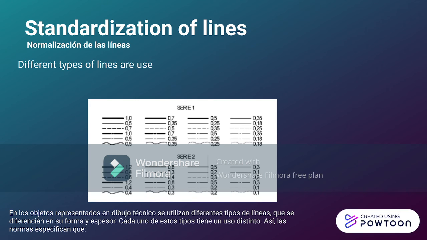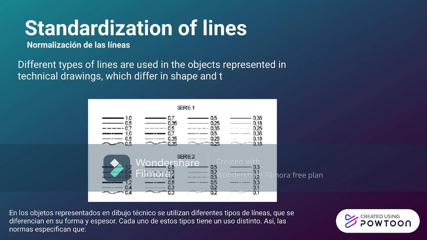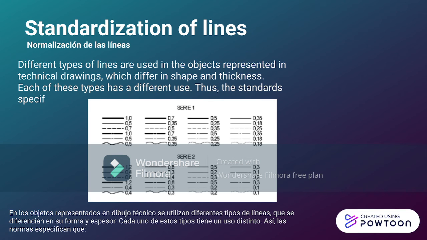Standardization of lines. Different types of lines are used in the object represented in technical drawings, which differ in shape and thickness. Each of these types has a different use.